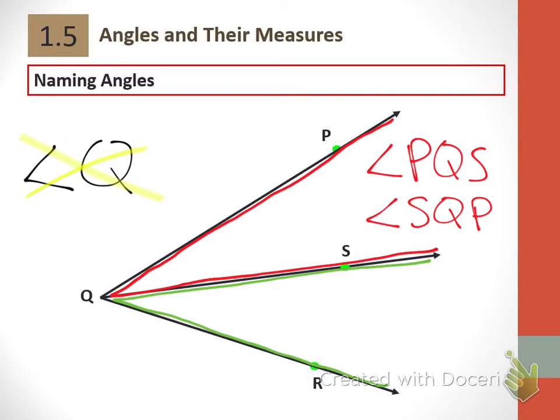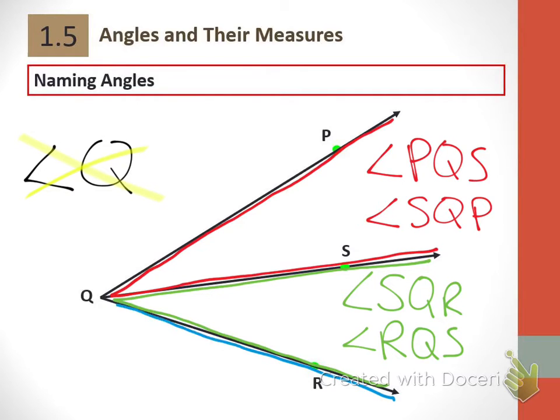3, actually. All right, so angle, we can say SQR, or we could say angle RQS. And then the last is the very outer angle.